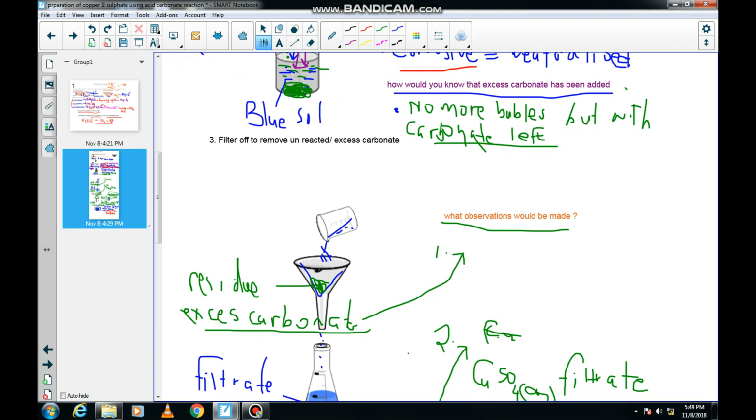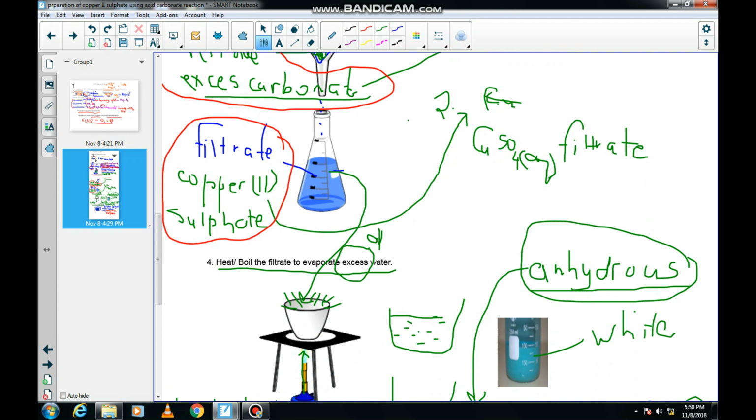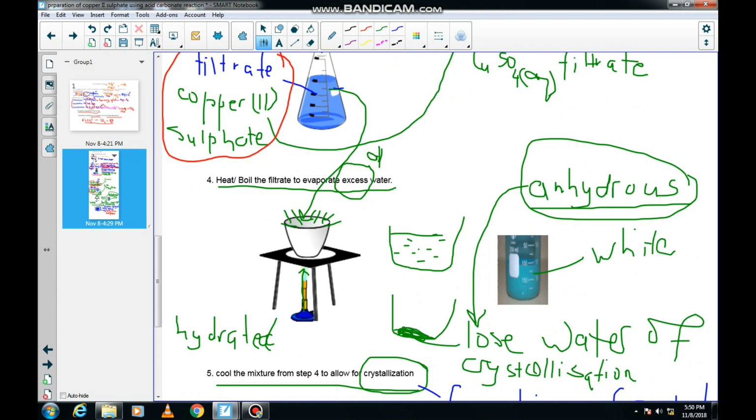After adding excess carbonate to the acid, we filter to remove the unreacted carbonate. As we filter, the excess unreacted carbonate will be trapped in the filter paper as a residue while the salt solution passes as the filtrate. Then we take our filtrate and boil it in order to evaporate excess water. The reason why we only evaporate excess water is to prevent the loss of water of crystallization, which will result in the formation of an anhydrous product.